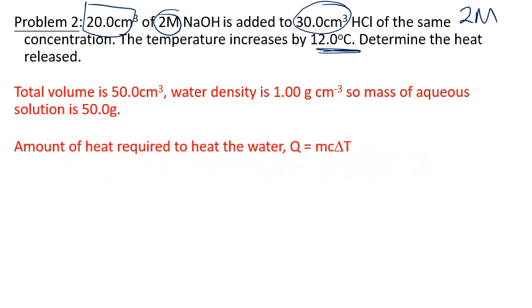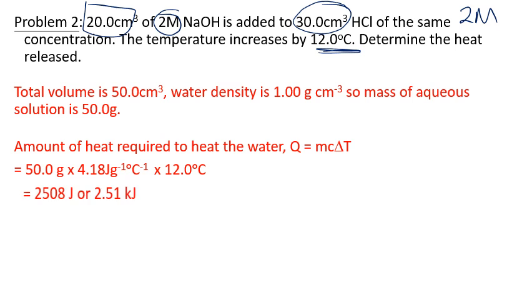So the amount of heat required to heat the water is going to be Q equals MC delta T. We plug in the numbers, so Q equals 50, the mass, times the 4.18, which is the C, the specific heat capacity for water, times the change in temperature, 12 degrees from the question. And we get a value of 2.51 kilojoules. Okay, so far so good.